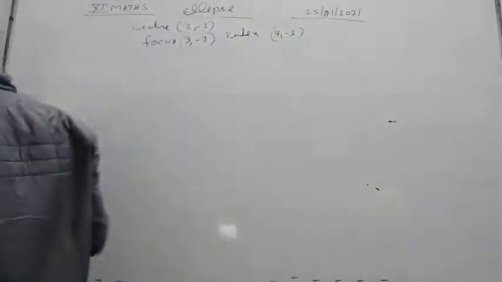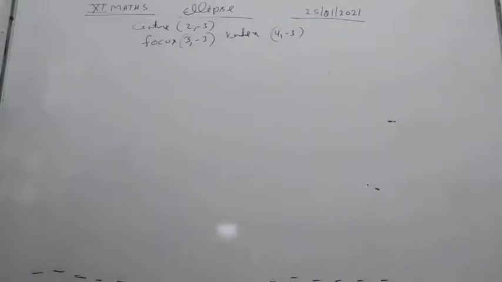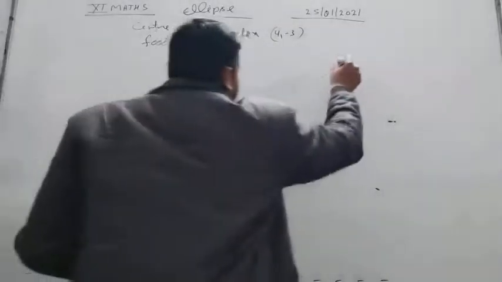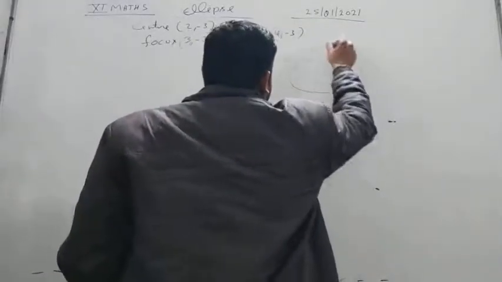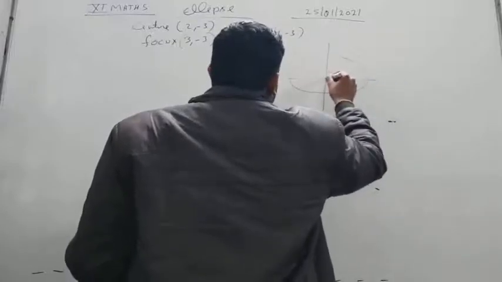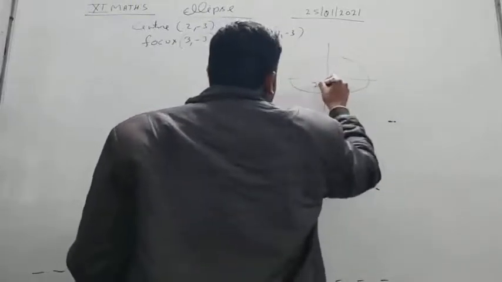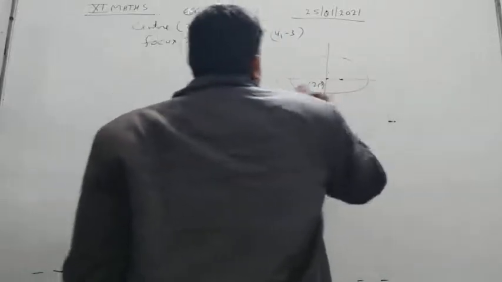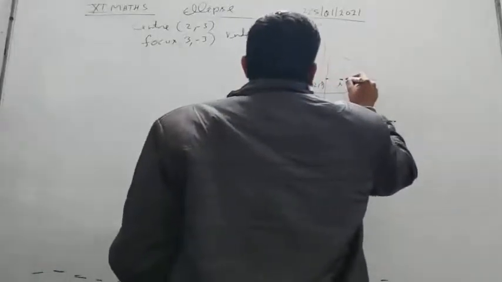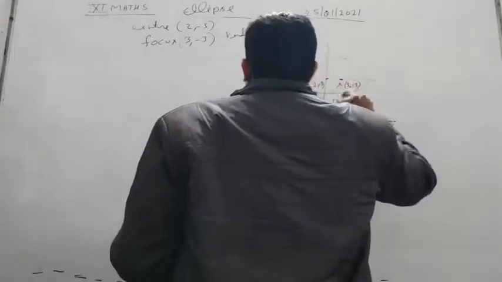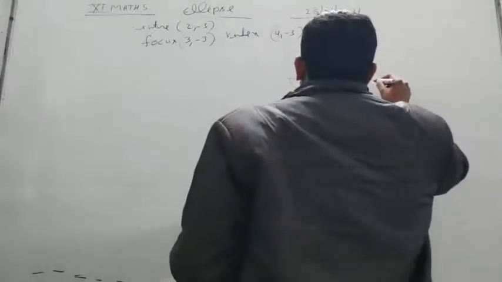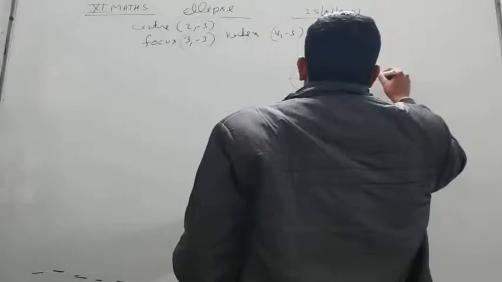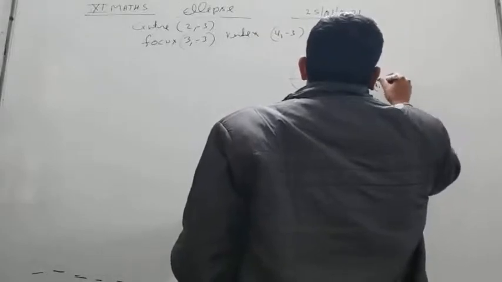Okay students, so these are the information which we are given. Suppose that this is an ellipse. Then its center is given as (2, minus 3), the focus is (3, minus 3), and its vertex is (4, minus 3).